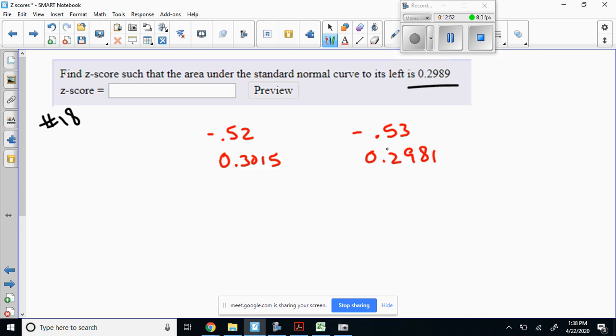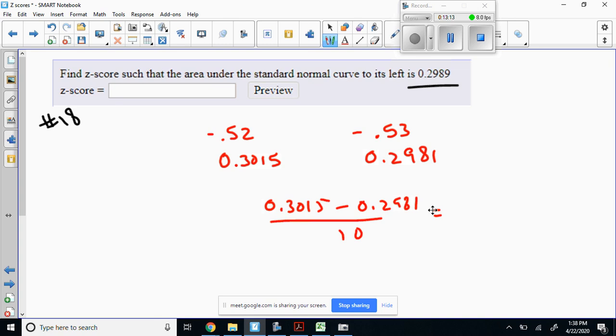Now, we got to find the difference between these, okay? Because it's almost there, but it's not. So what I have to do is take 0.3015 minus 0.2981 divided by 10. I want to see what those incremental steps are, right?